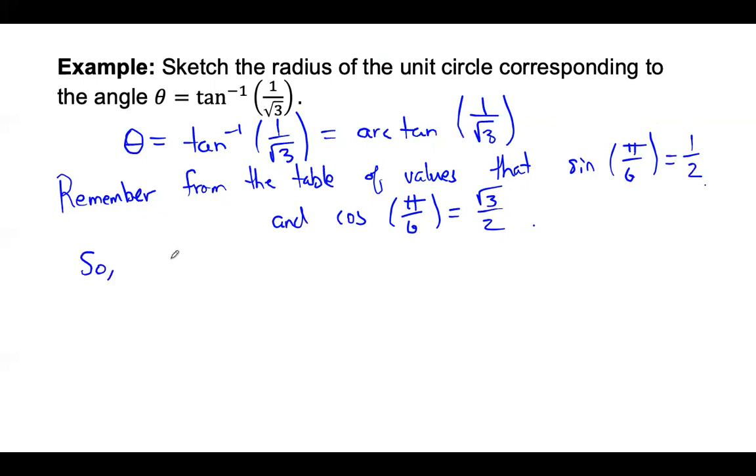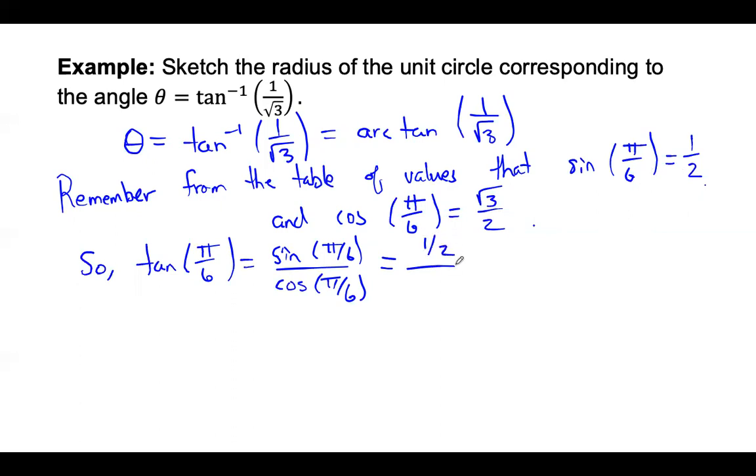So tan of pi divided by 6 is going to be equal to sine of pi divided by 6 over cos of pi divided by 6, which is 1/2 over the square root of 3 divided by 2, which is equal to 1 over square root of 3.